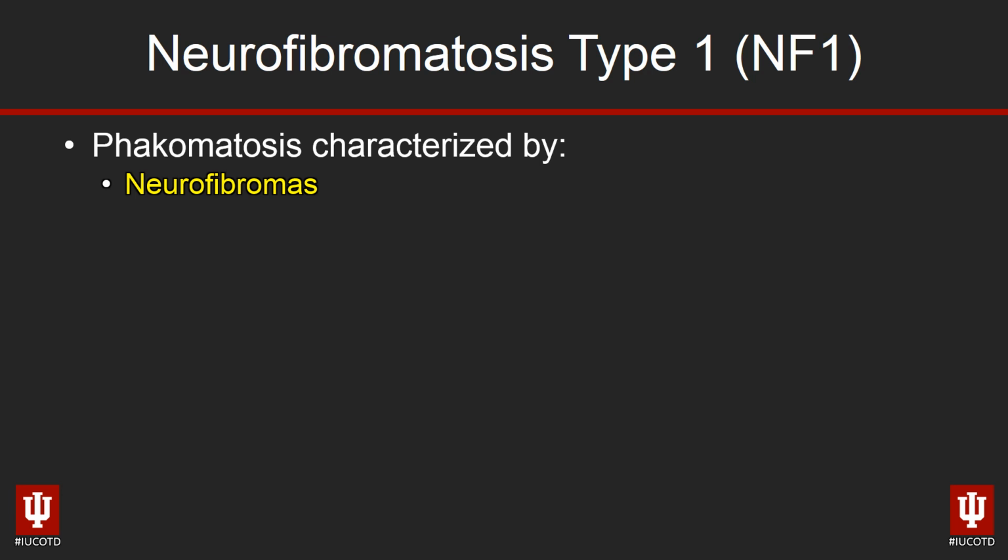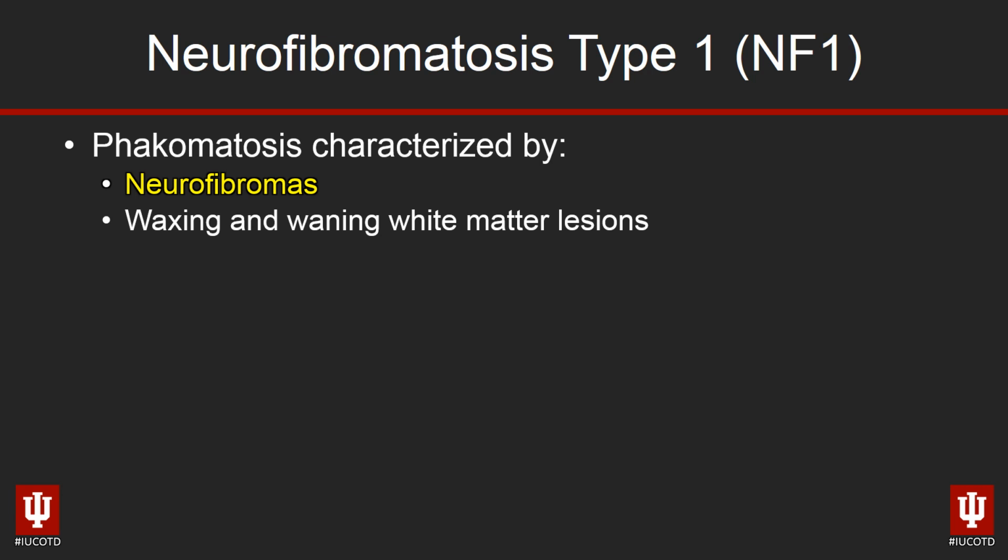So this is a patient who has neurofibromatosis type 1 or NF1. And this is a phacomatosis. It's characterized chiefly by multiple neurofibromas, but there's lots of other imaging findings and clinical manifestations in these patients. They oftentimes have waxing and waning white matter lesions, particularly in the pediatric population. They can have sundry gliomas, anywhere ranging from the optic pathway to the brain down to the spine.